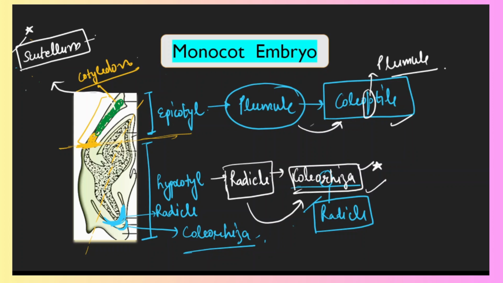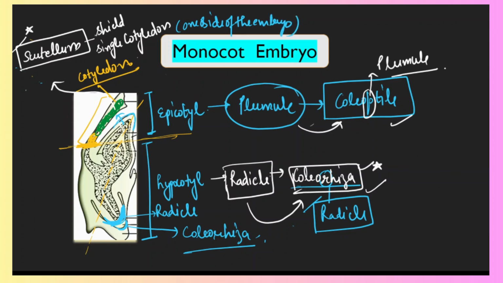It is the shield or single cotyledon which is present one side of the embryo or laterally present. So this is the embryo, and this is present laterally or one side of the embryo.